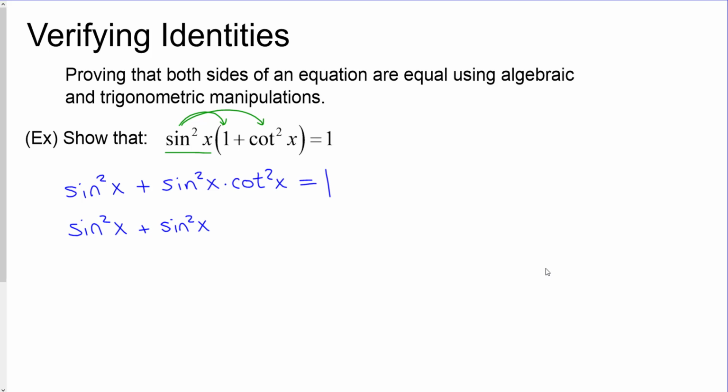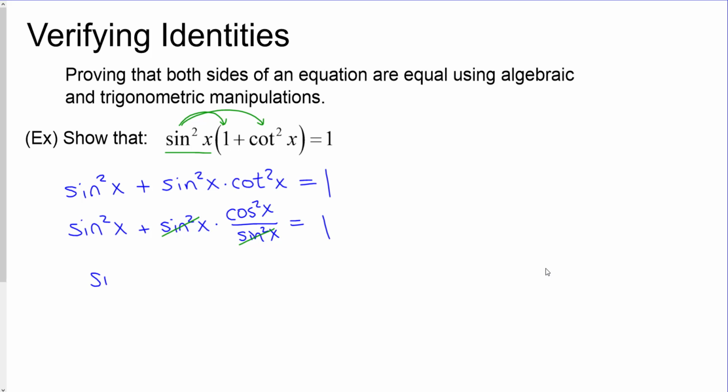Cotangent squared can be written as cosine over sine, so cosine squared x over sine squared x. Now, if you notice, in the second term on the left-hand side, I have a sine squared in the numerator and a sine squared in the denominator of a fraction, which can cancel away.